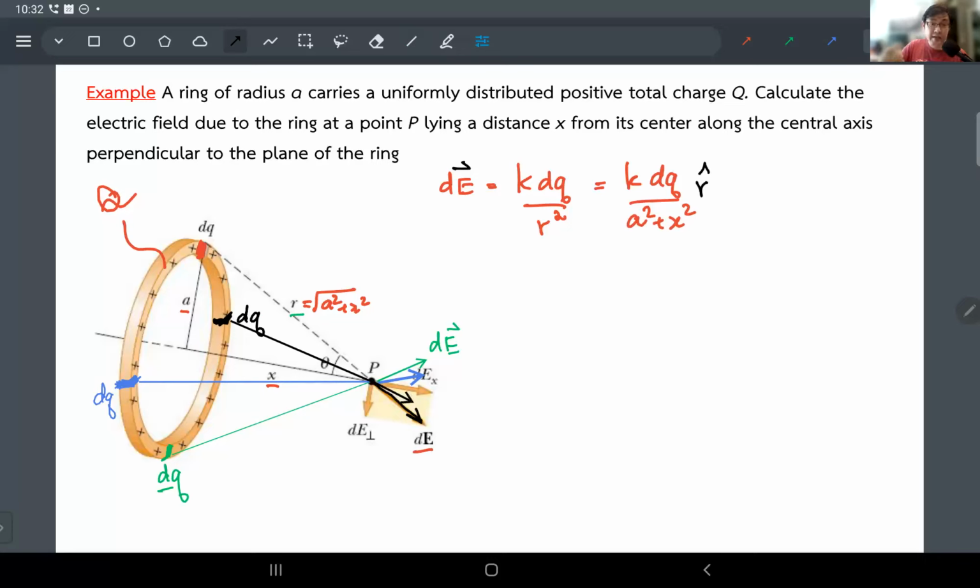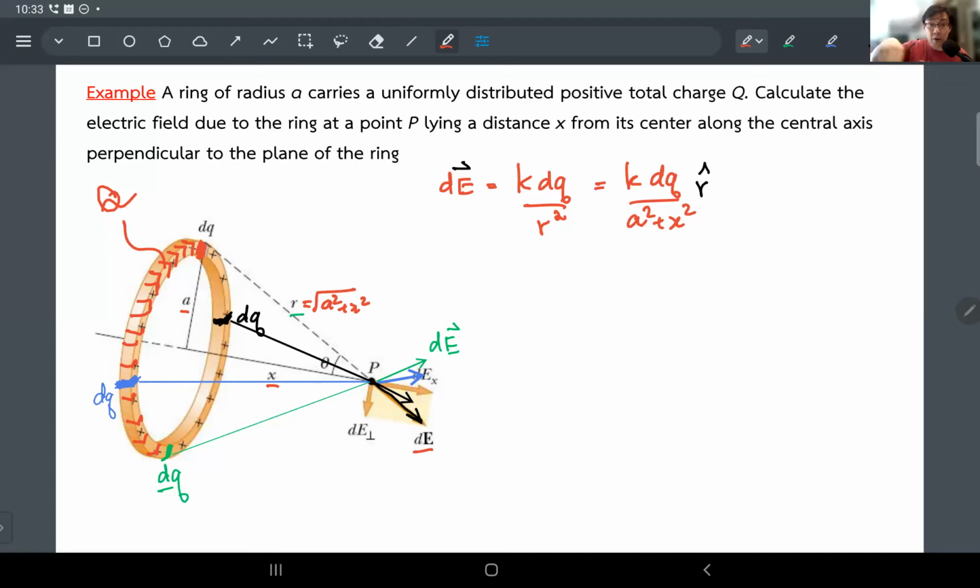But the idea is you have to go around the ring, slice everywhere. Each dq on the ring will generate a dE at point P corresponding to that dq.